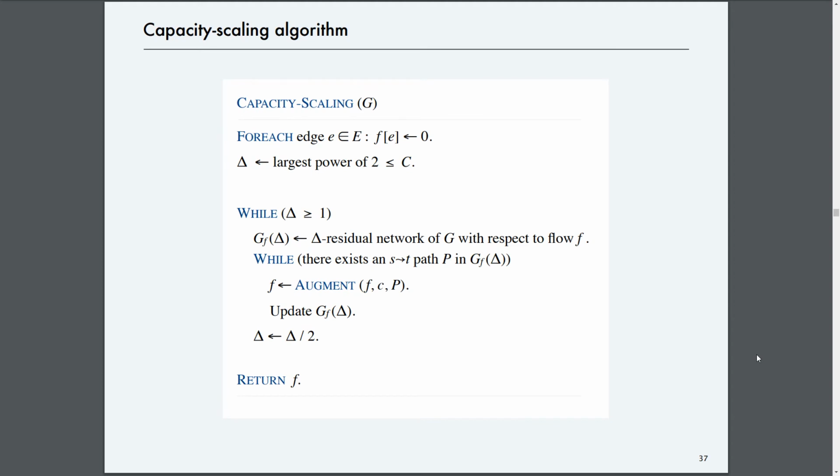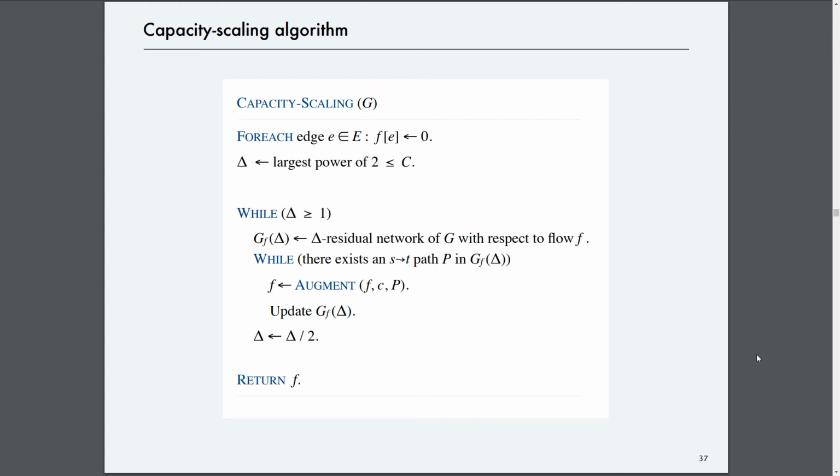So just start with the largest power of 2 which is less than or equal to the max capacity. And then we iterate. We get the residual network with the delta scaling parameter, and then we try to augment the path in that network.